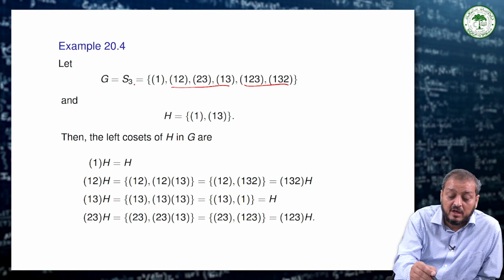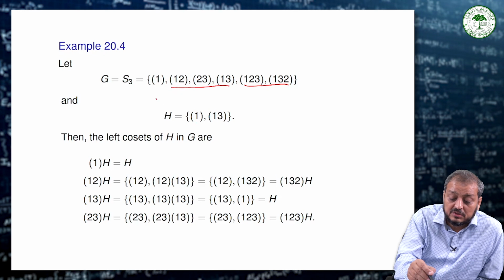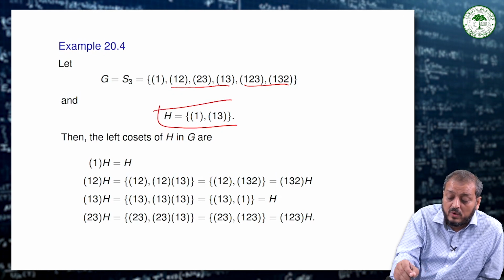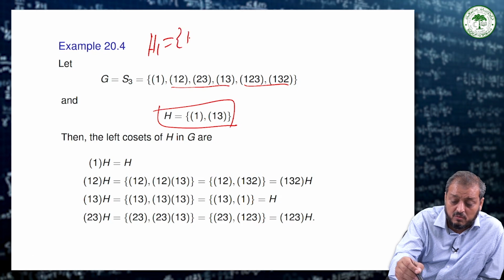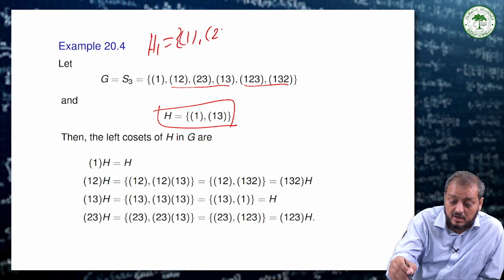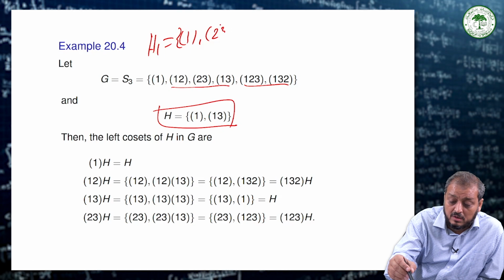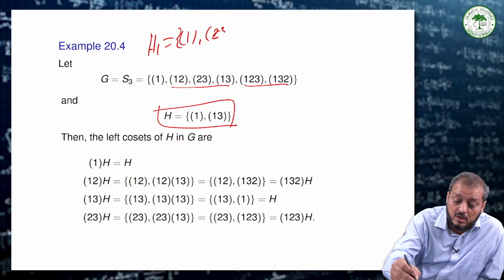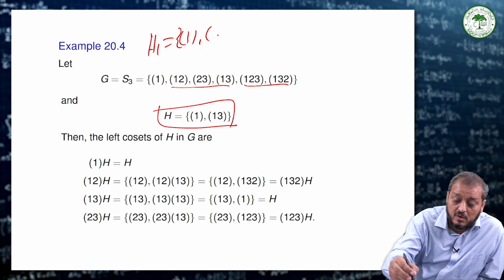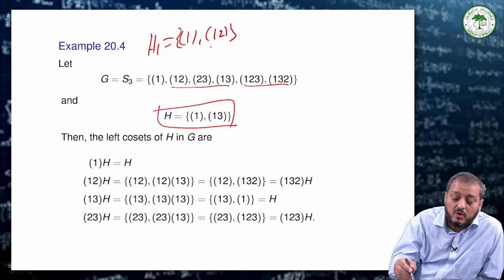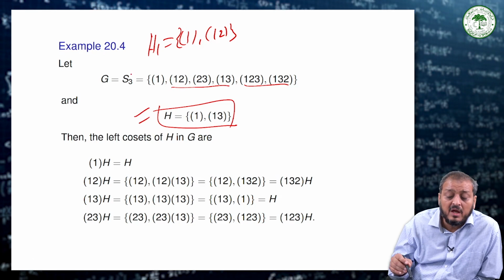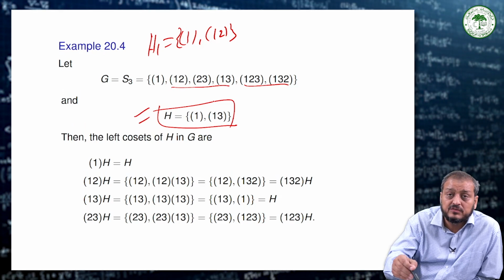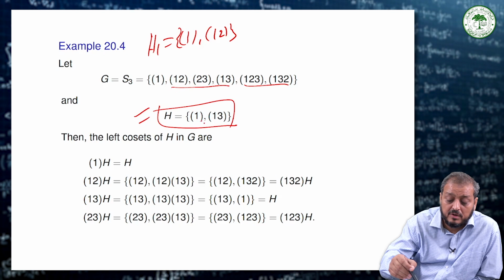And now we take a subgroup H equal to the identity and (1 3). We can also take some H1 in the form of the identity and, in place of (1 3), we take (1 2). Now clearly this is a subgroup, because it satisfies the properties of a group.